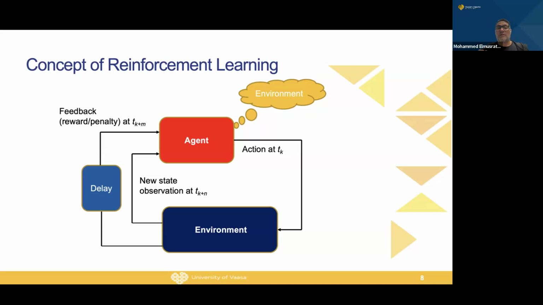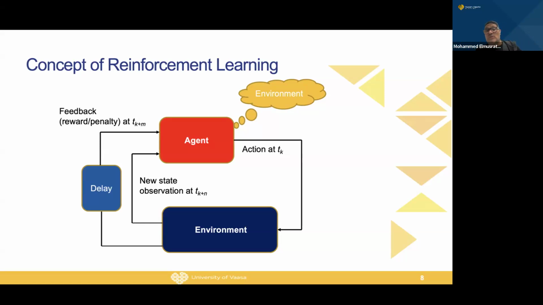Yes, the intelligent agent doesn't know exactly what the opponent will play for the next step, but at least it can have some probabilistic inference about what is expected to be played next. So in that case, we say that this environment is an observable environment.